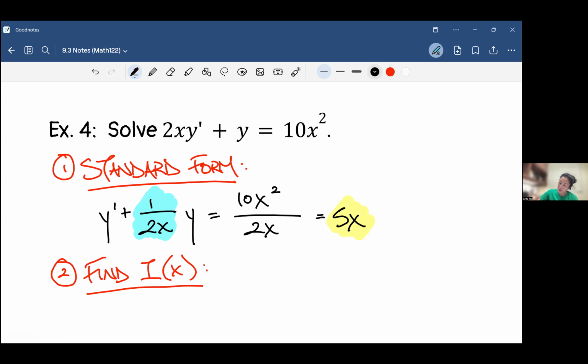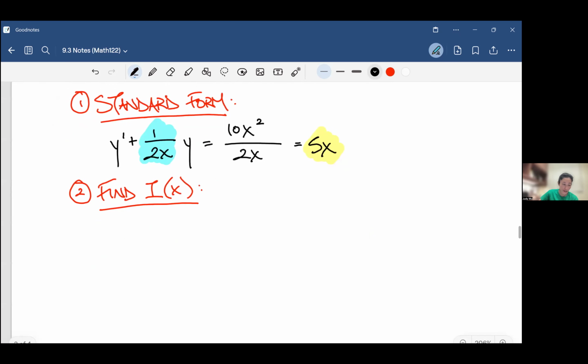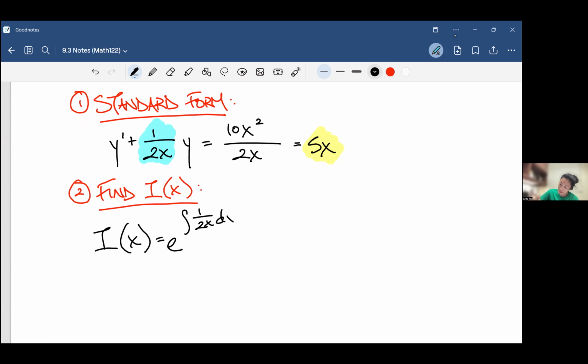Okay, so how do we find our integrating factor? Let's say I of x equals e to the integral of 1 over 2x dx, okay? So remember, you take your f of x, and that's the one that you put in the exponent of e, and you integrate.